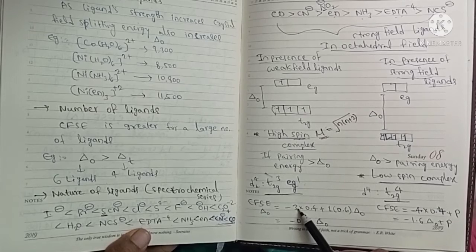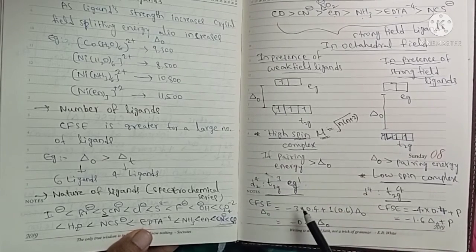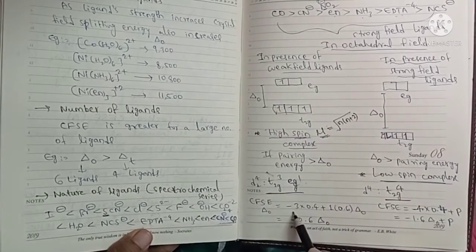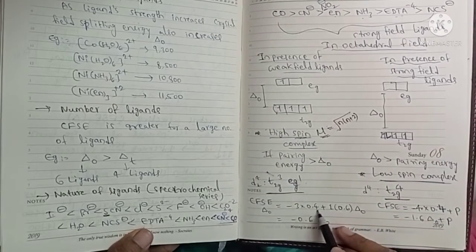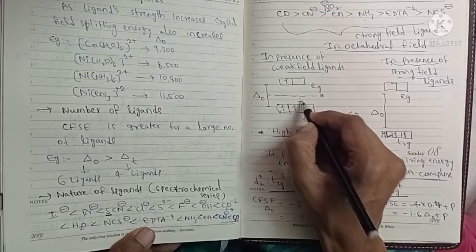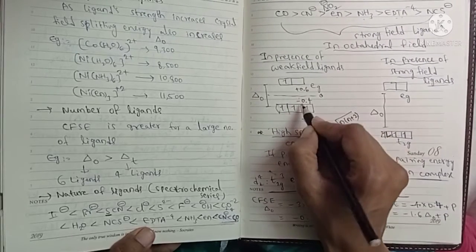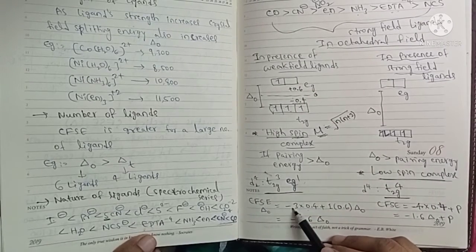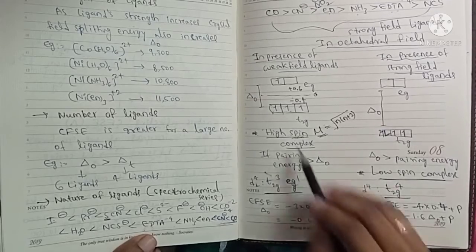This is the calculation of CFSE of d4 in a high spin complex. The gap is calculated using this formula: number of t2g electrons into minus 0.4, plus number of eg electrons into plus 0.6. Here this is 0, here minus 0.4, and here plus 0.6.